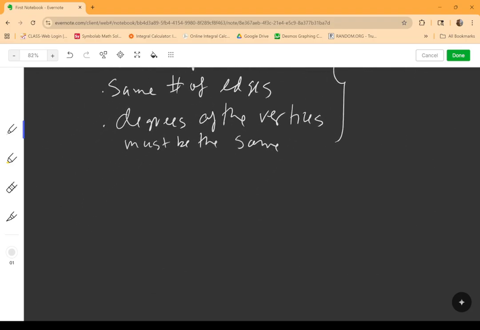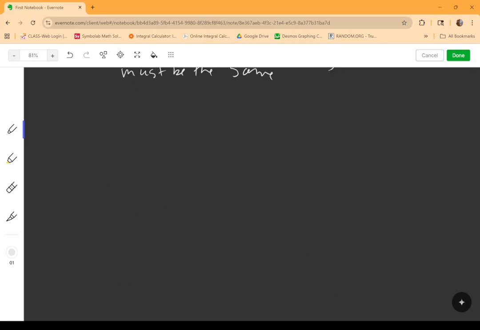Let's do two examples, one where we do have an isomorphism and another where we don't, and how to recognize that without having to try to create some bijection where there won't be one. So let's take a look at two graphs. Let's take the graph G, which I'll define in this manner.